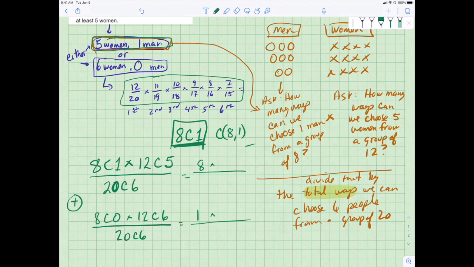I have a calculator that will do that for me. 12 choose 5 is 792. And 20 choose 6 is 38,760. So we can put that one down here too, 38,760. 12 choose 6, I'm going to type that one into my calculator.